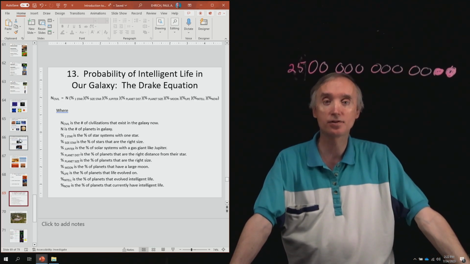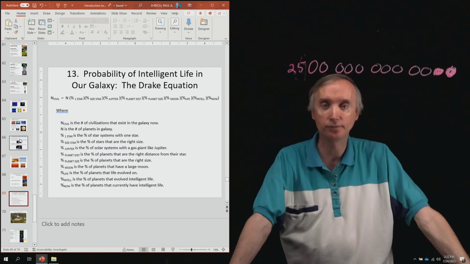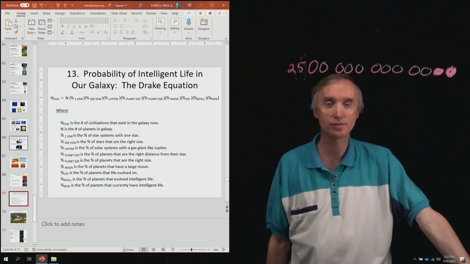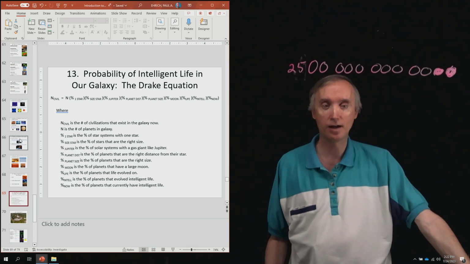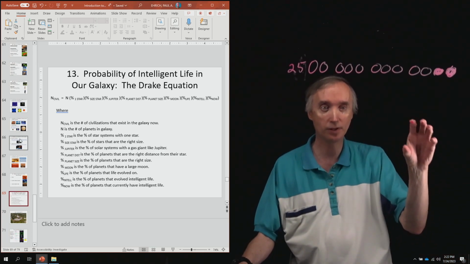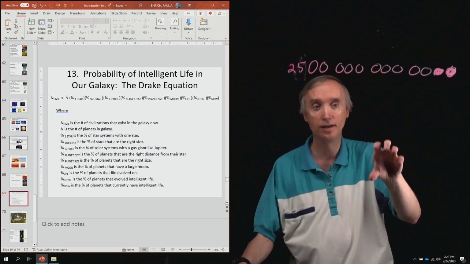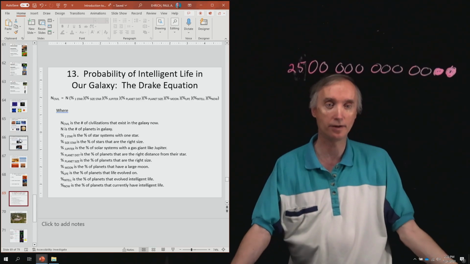Then the next category is that it needs to be the right-sized planet. So it cannot be a Jupiter-sized planet, and it cannot be a Mars-sized planet. It has to be an Earth-sized planet.